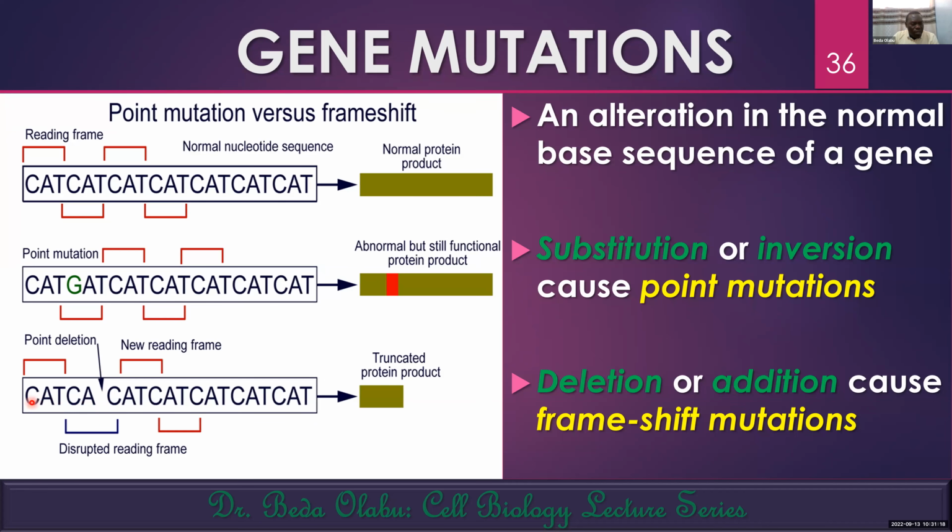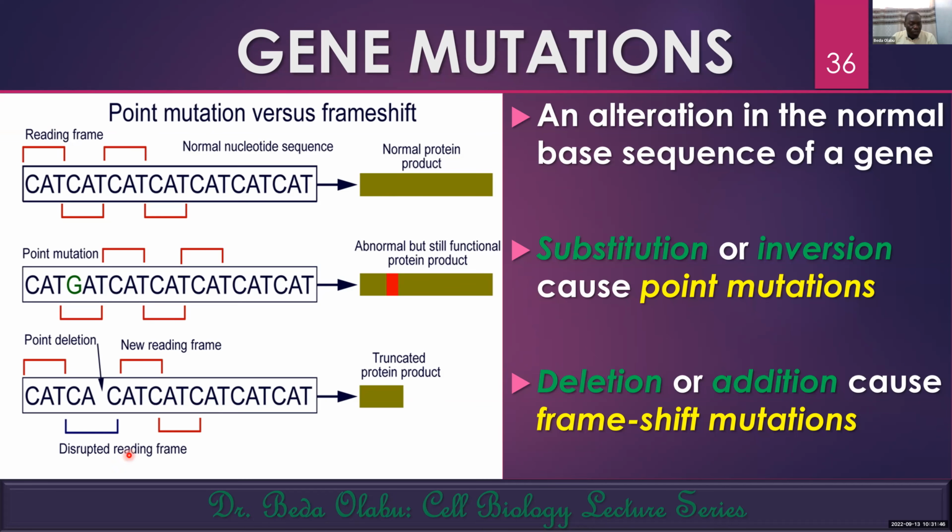Ours, in this case, is a deletion. So the original was CAT, then was supposed to be CAT, but T has been deleted. So the next amino acid will have to be CAC, and then ATC, ATC, ATC. You've changed the reading frame completely just because of that deletion.